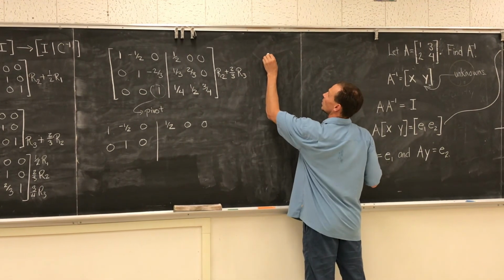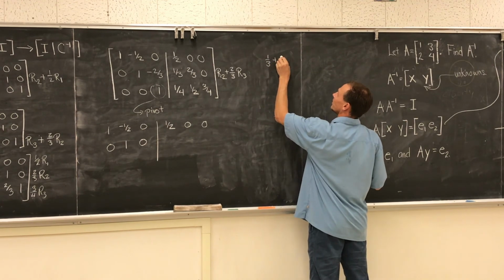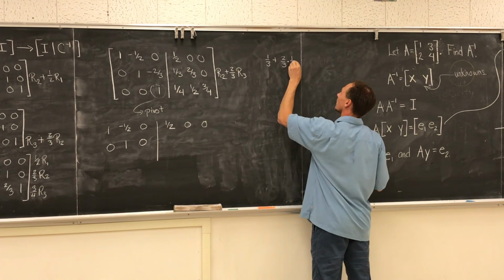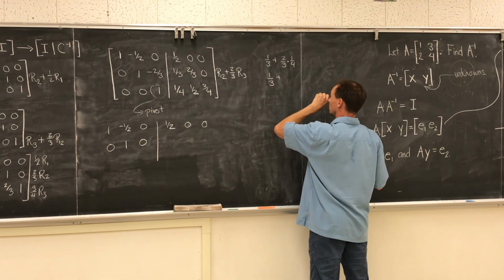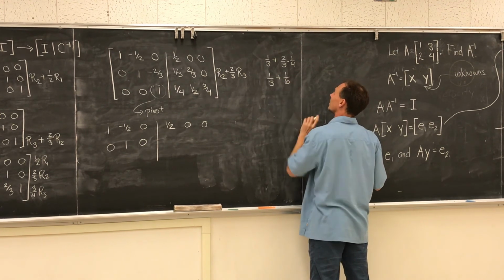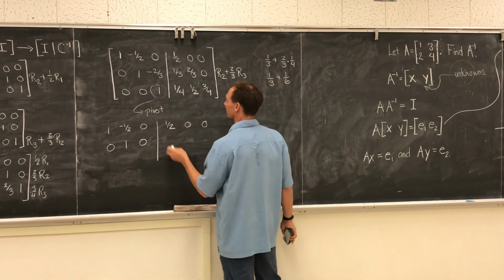So if I have 1/3 plus 2/3 times 1/4, it's going to be 1/3 plus 1/6. This is 2/6, 3/6. That's 1/2. There's 1/2.